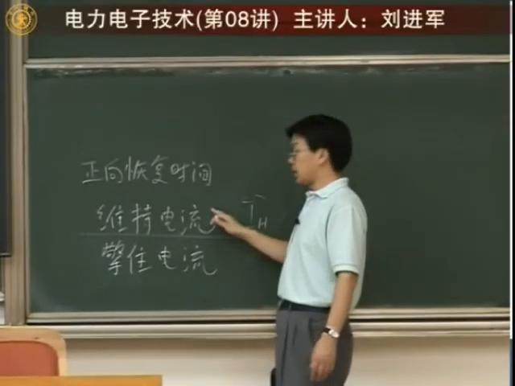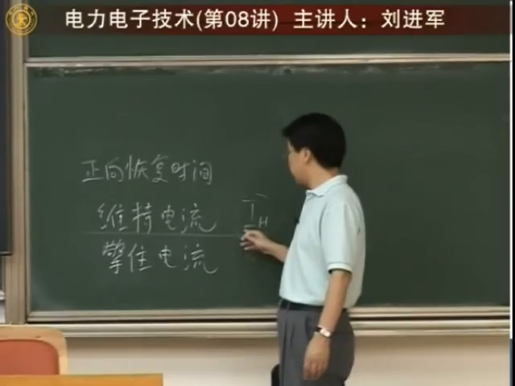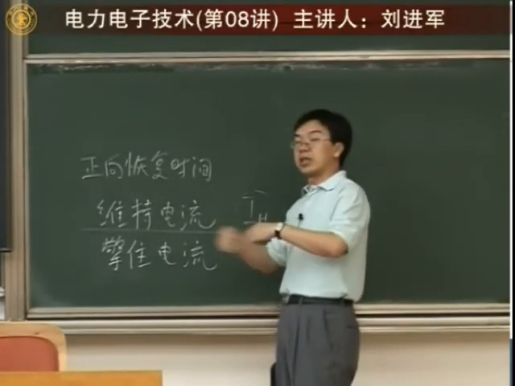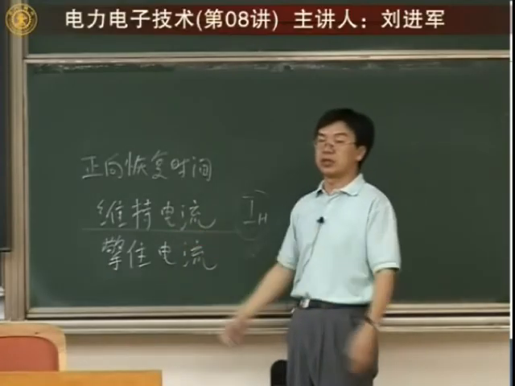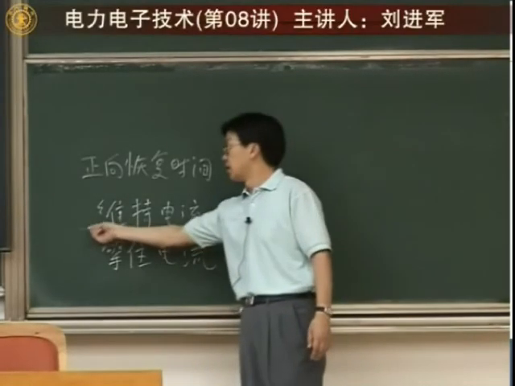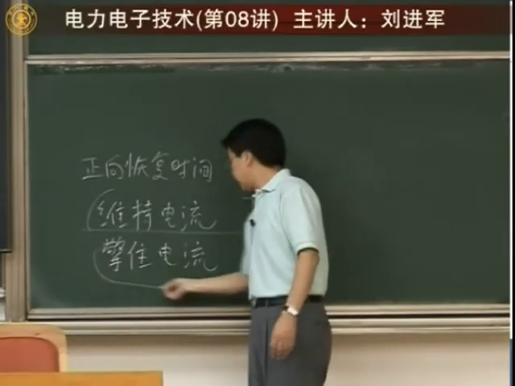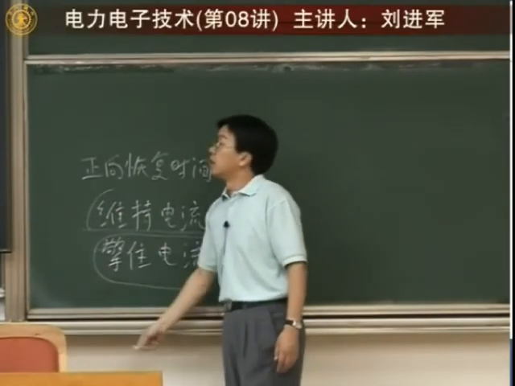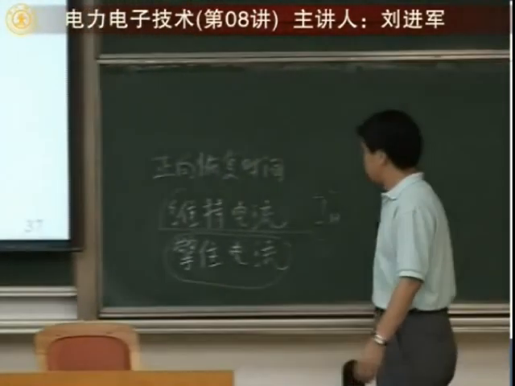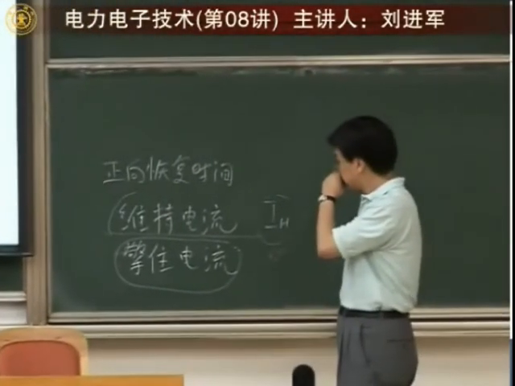If the thyristor current is still smaller than holding current, and you take out the gate current, then the thyristor will be turned off. It will not be turned on. So that's the holding current. Latch up current means, did I make it wrong?